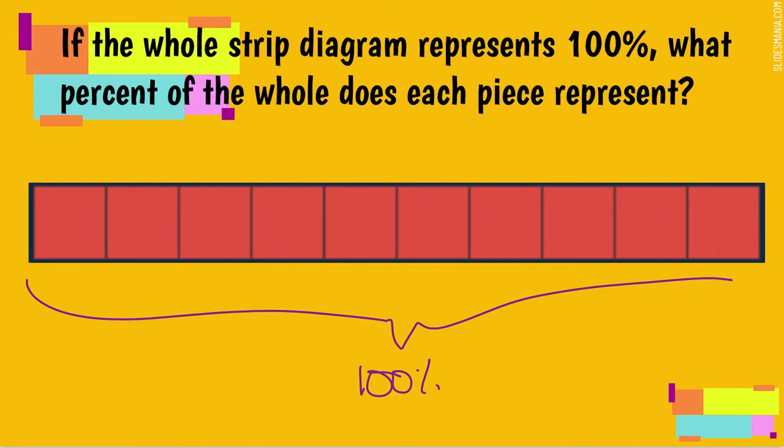So take a moment to pause the video, process and think through the question, and then I want you to label each square with its percent value. Whenever you're done, please unpause the video and rejoin us. All right, you guys, you're right. Each tile is worth 10% because our 10 groups of 10 represent the 100%.